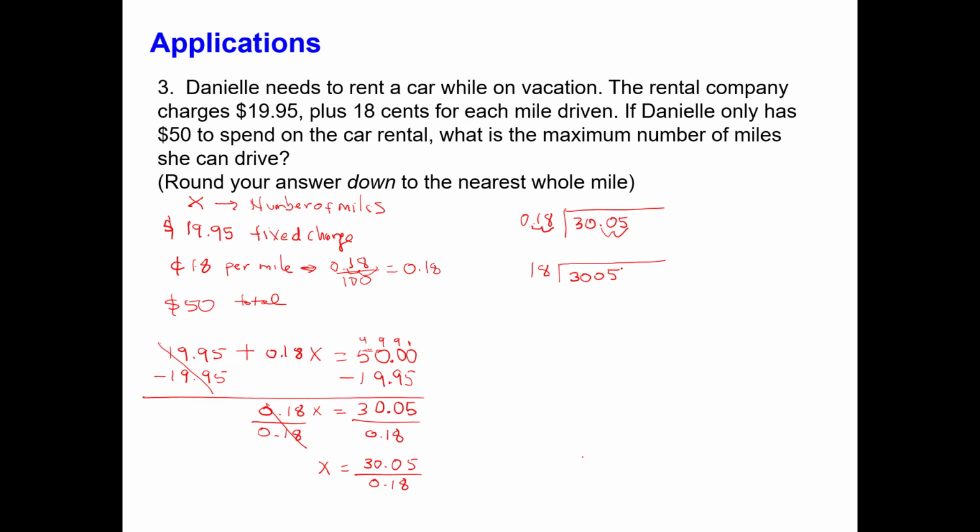18 divided by 30: we have 1 time. Let me write this in the right position. 1 times 18 is 18, and we subtract. 10 minus 8 is 2. 2 minus 1 is 1.